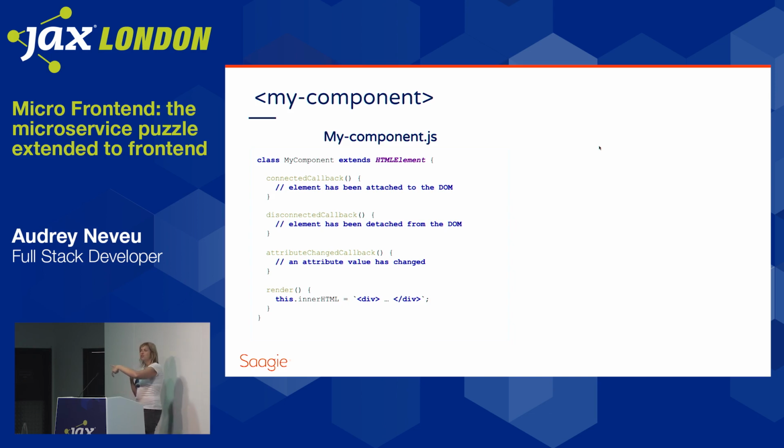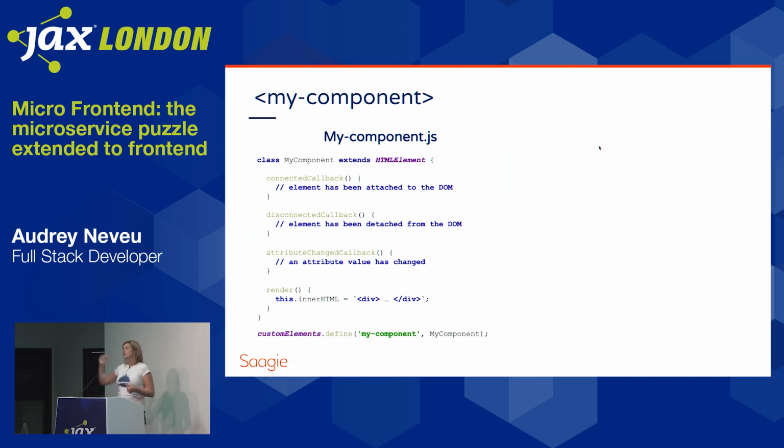So we would like to avoid code duplication, and that's the reason why usually we declare the HTML in a render method.